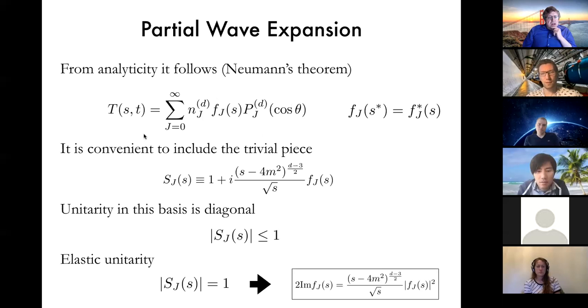If you consider states with a given angular momentum J, unitarity becomes the statement that this combination S_j of S, which is 1 plus f_j, where you should think of the 1 as coming from the disconnected piece, since the full S matrix was disconnected piece plus connected, has absolute value less than or equal to 1.